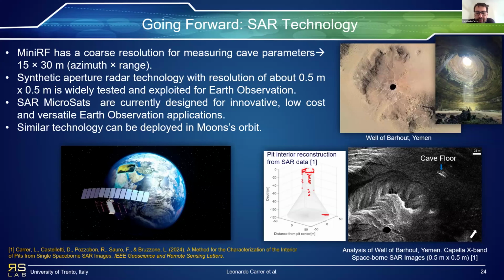Well, for Earth observation, we use very similar radar technology, but with a resolution of about a meter. And here you can see another study we did over the Well of Barhout in Yemen, where we were able, with the SAR, to map the overhang and the floor of the pit by using spaceborne observation. So we can actually deploy a similar technology in moon orbit.